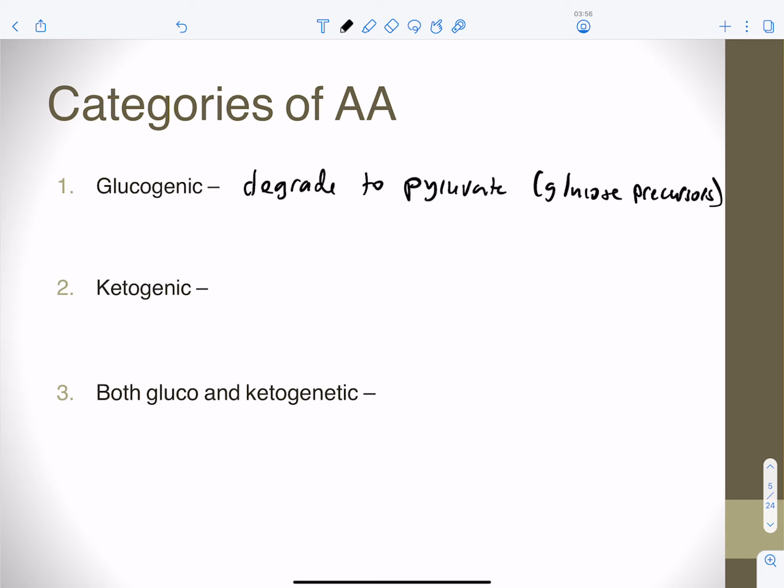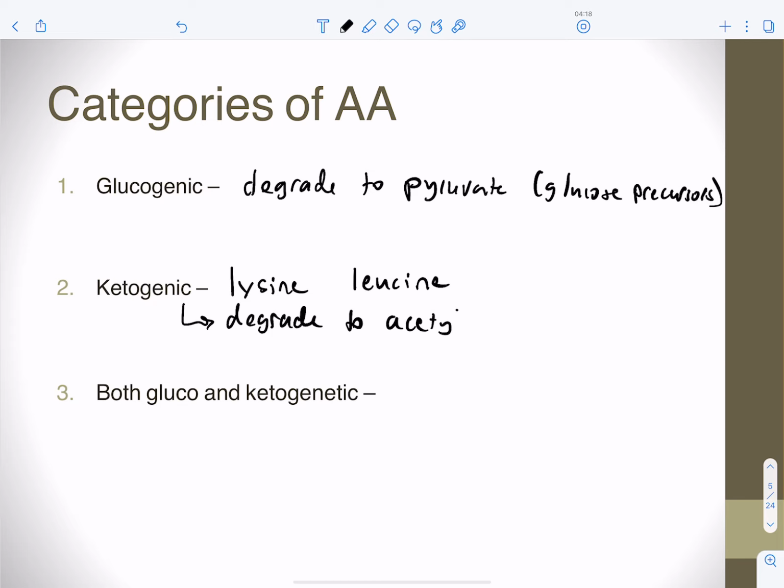And then you have ketogenic amino acids. There are two ketogenic amino acids. They are lysine and leucine. What it means to be ketogenic is that these amino acids are going to degrade to acetyl-CoA or acetoacetate.